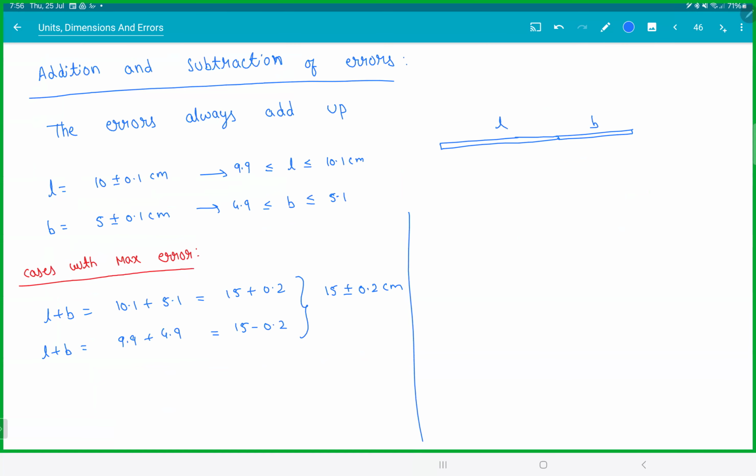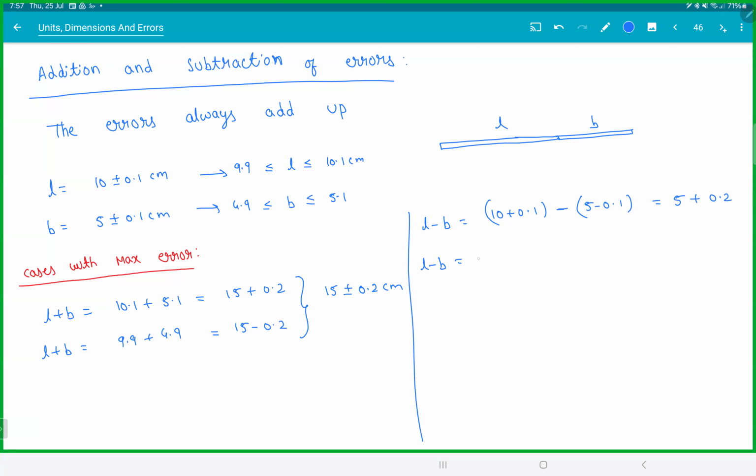Next thing, what if you subtract them? Now, what is the worst thing you can do while subtracting? Take L's maximum, that is 10 plus 0.1, and take B's minimum, the other worst one, 5 minus 0.1. You end up with 5 plus 0.2.